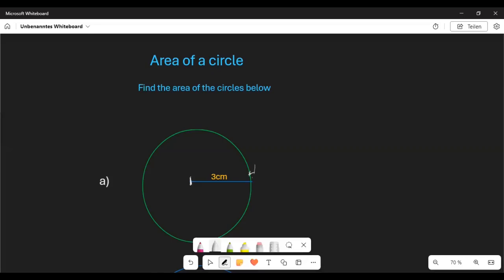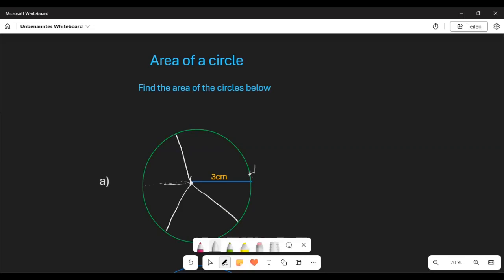So diameter is that line that crosses a circle in the middle, divides the circle into half. And the radius is half of it from the center. So if you have the center here, and it goes like that, that's a radius.